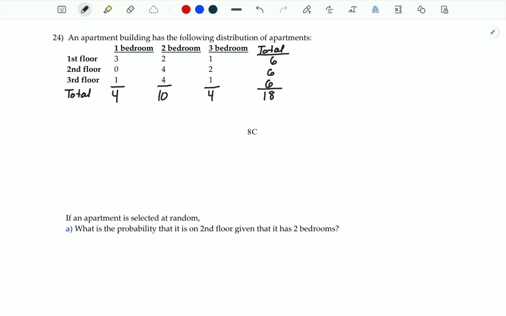If an apartment is selected at random, what is the probability that it is on the second floor, given that it has 2 bedrooms? When you see the word given in a probability question, let's highlight that for reference. We want to use conditional probability.